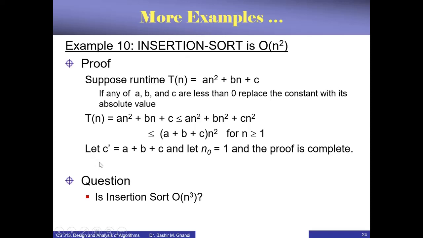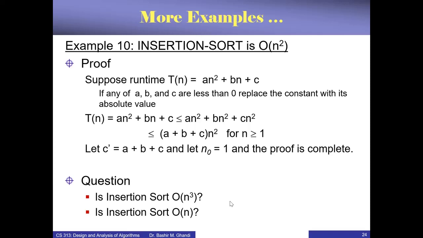This is why big O only gives you an upper bound. It says your function cannot perform worse than this. It doesn't give you a tight bound. Only theta can give you that. And in fact, insertion sort is theta of n squared, not only big O of n squared. So this is true. But can we say insertion sort is big O of n?